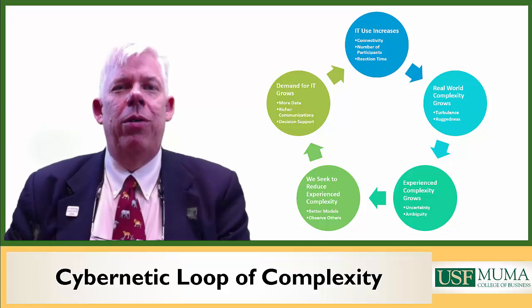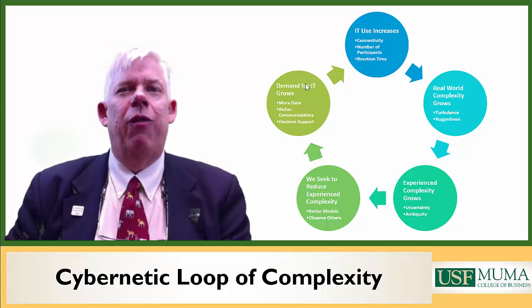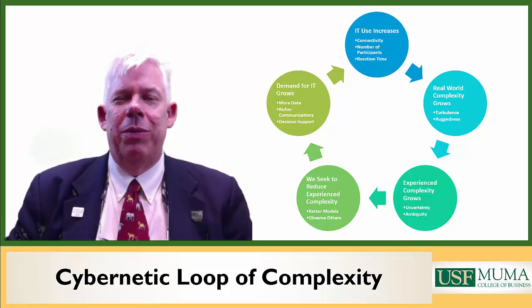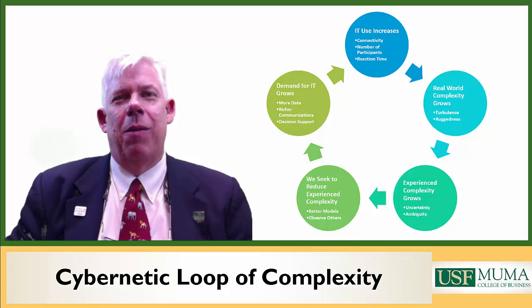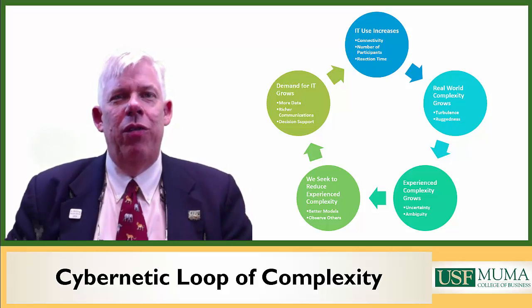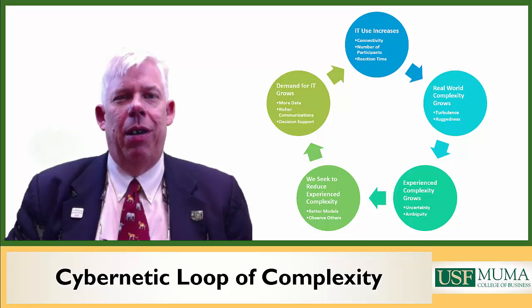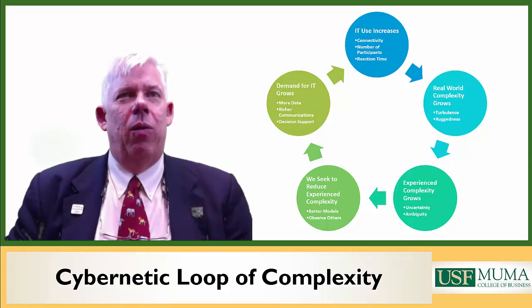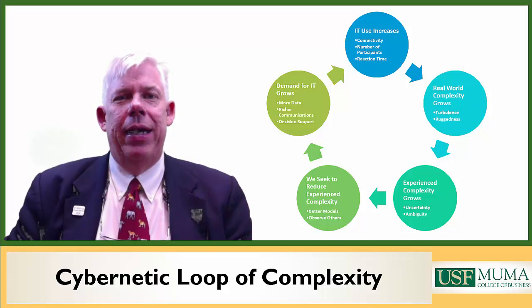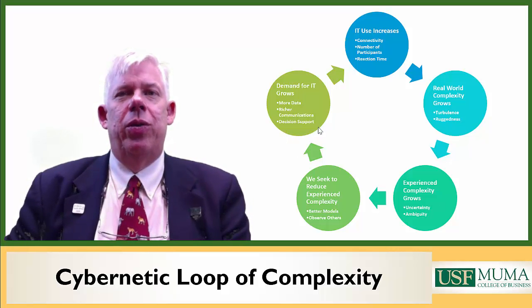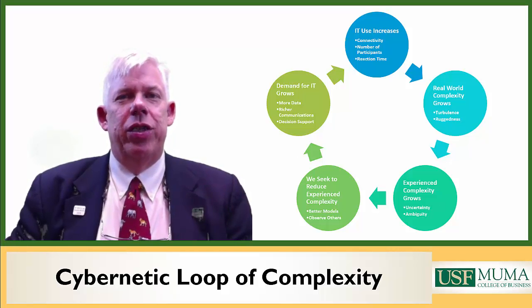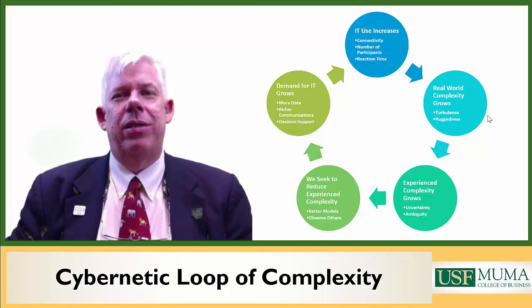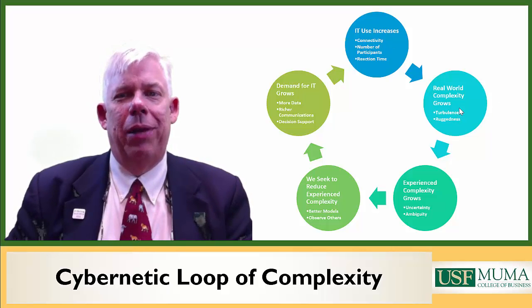Well, when we offload it to the problem space, our demand for information technology grows, because information technology is the perfect tool for moving what we experience into the problem space. So we start to use more data. We start to communicate more rapidly. We start to use our technologies for decision support, and that leads to increasing IT use, growing real-world complexity.